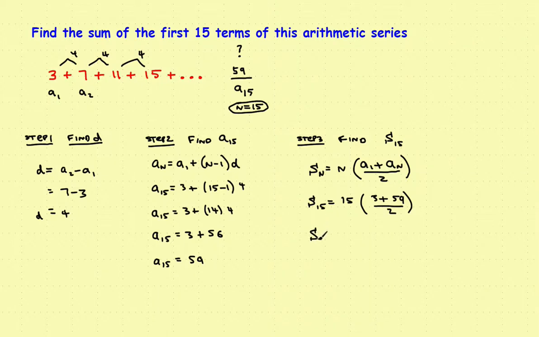So the sum of the first 15 would be 15, and add these two together, and you'll get 62. So I've got 62 divided by 2. And if you put all this together, you'll come up with 465.